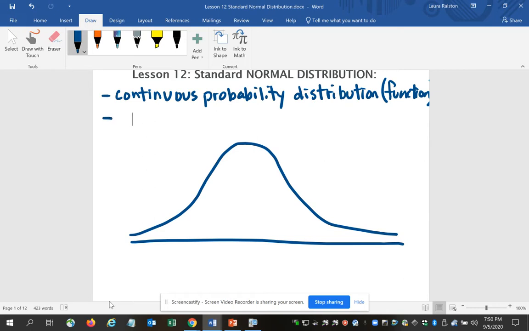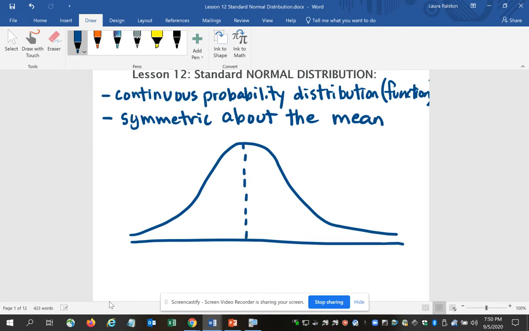Secondly, the normal distribution is symmetric about the mean, meaning that the mean is a measure of center. So it would be in the center of our graph. And so the left side of the curve is a mirror image of the right side and vice versa.